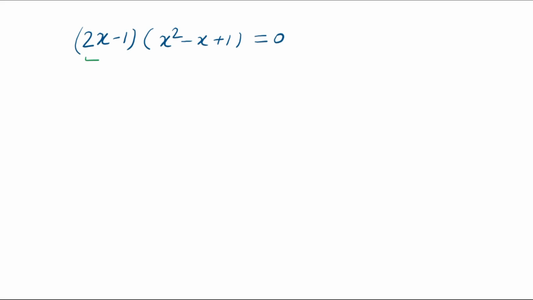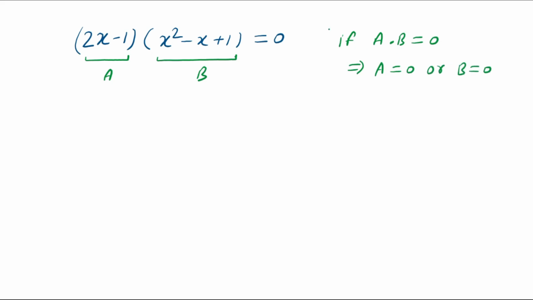Suppose this term is a and this term is b. And we know that if a times b is equal to 0, this implies a is equal to 0 or b is equal to 0.